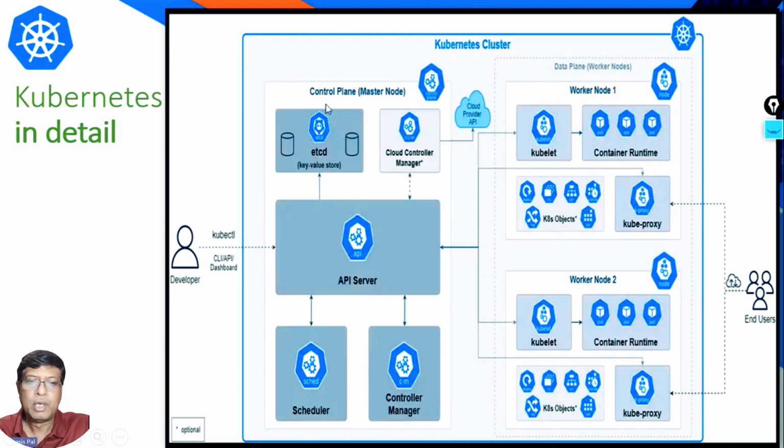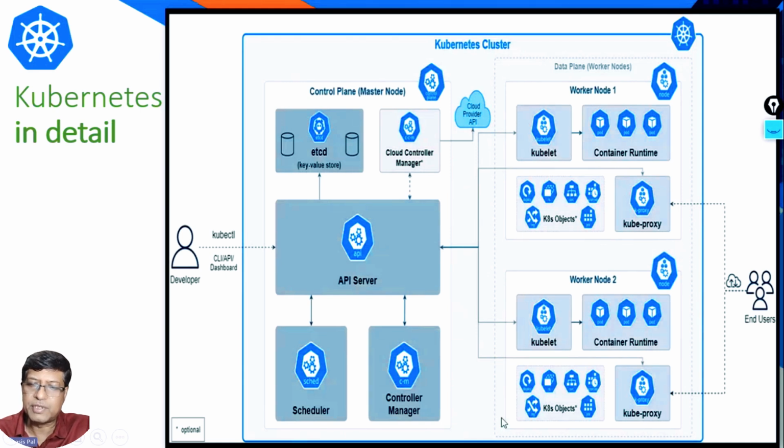On the master node, you have the main component, the heart: the API server. Everything will originate from here, and everything will terminate over here. These are dumb machines, not intelligent.